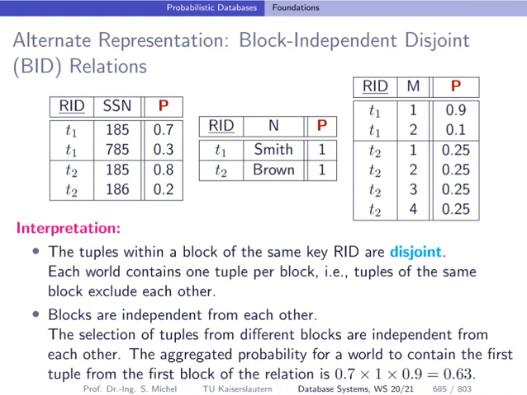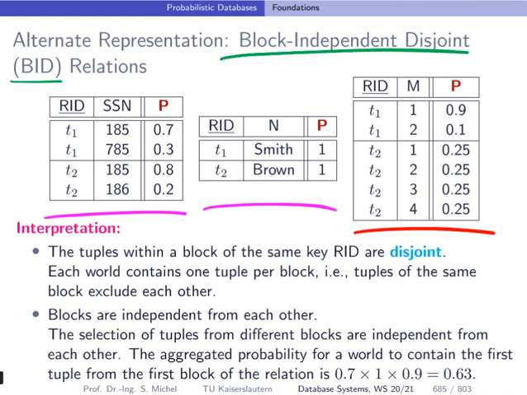Here you see an alternate representation from the previous information about the census data. We have one relation which is storing the social security number information, one relation storing the name, and one relation storing the marital status. This is called block-independent disjoint relations, BID.